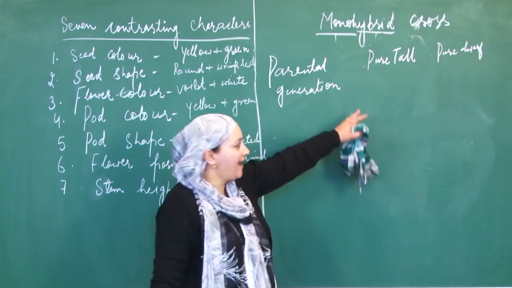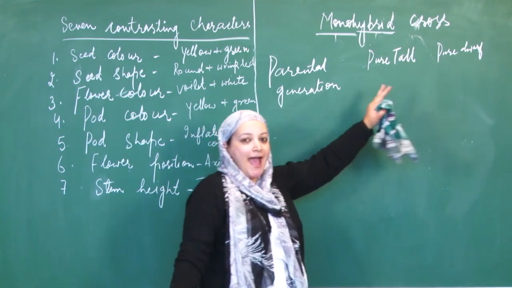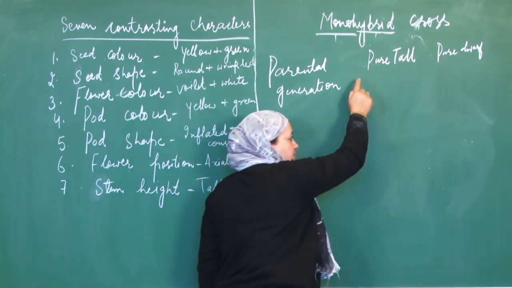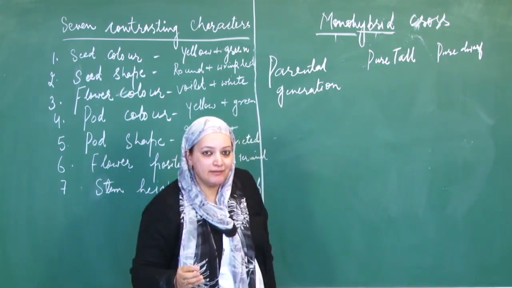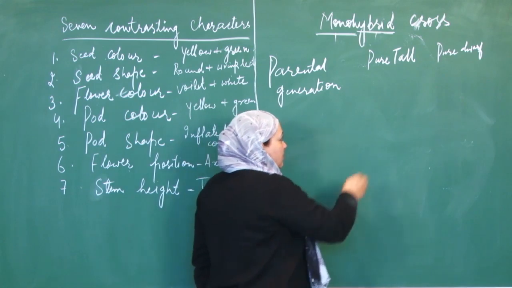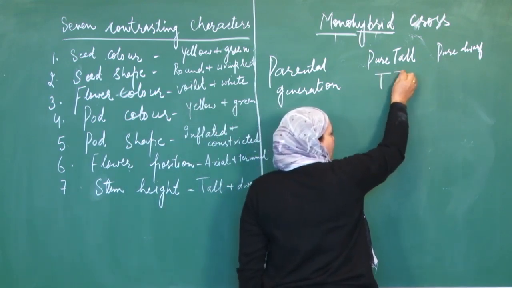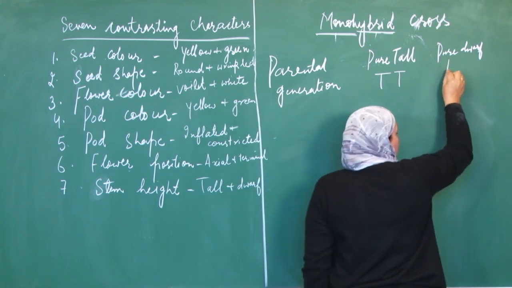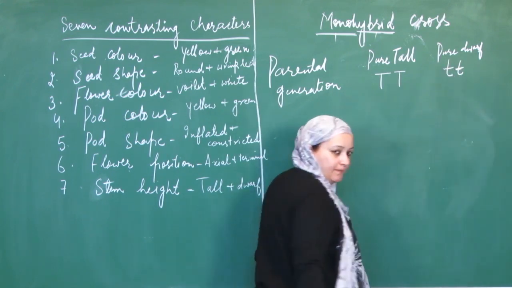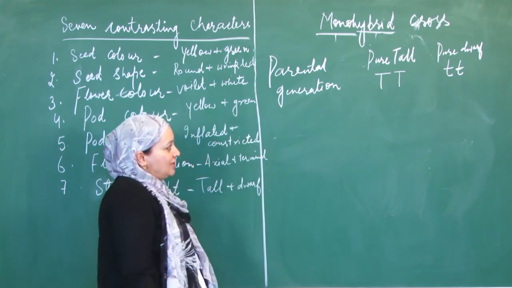He represented the pure tall with the capital letter T and pure dwarf with the small letter t.